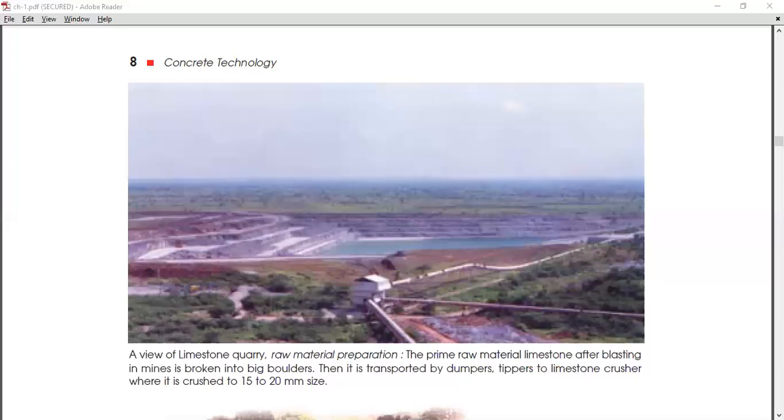Also, in this process, some limestone is not usable, and it is rejected and thrown out.